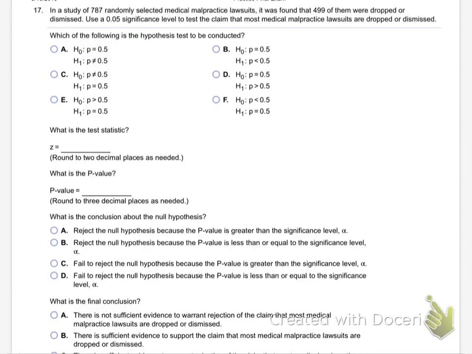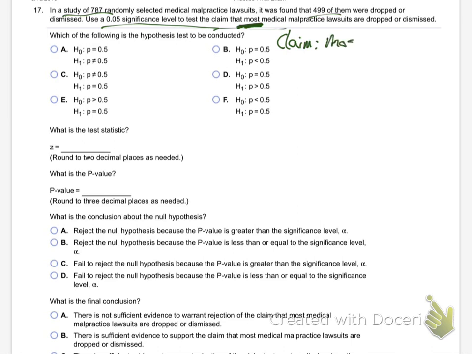Okay, number 17, study of 787, test the claim that most. So what's the claim? What does most mean? If I said most people's favorite color is blue, what does most mean? More than half, right?